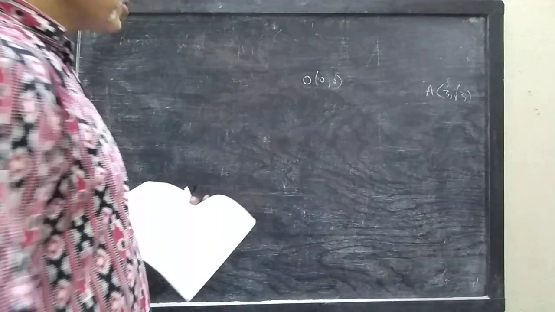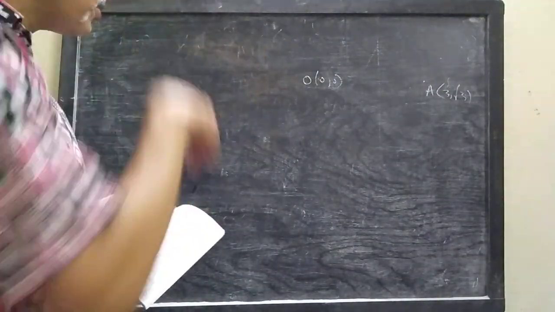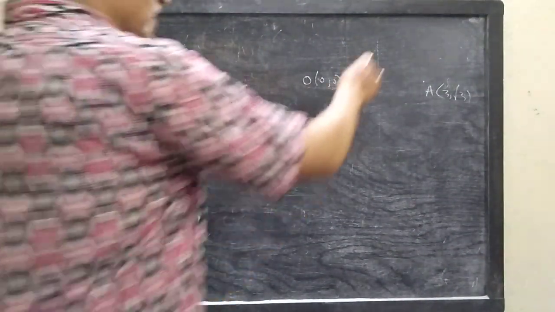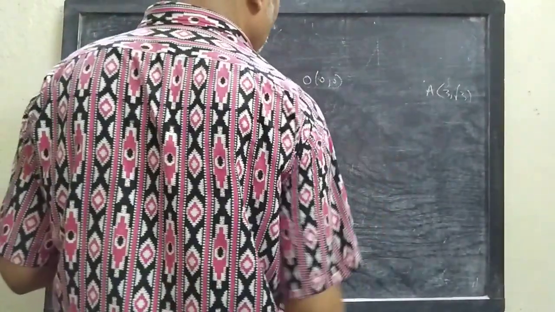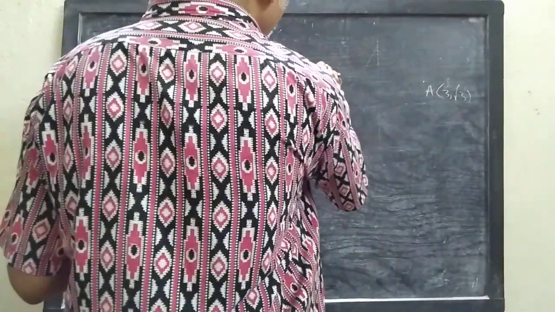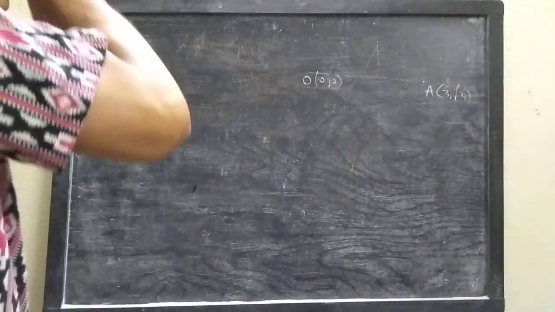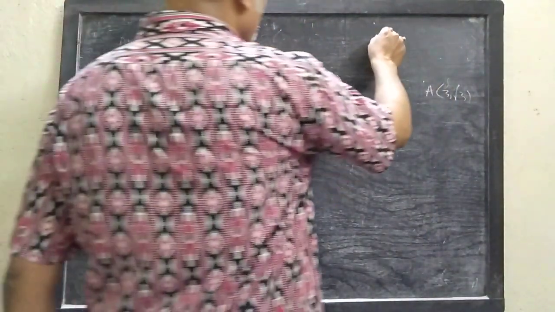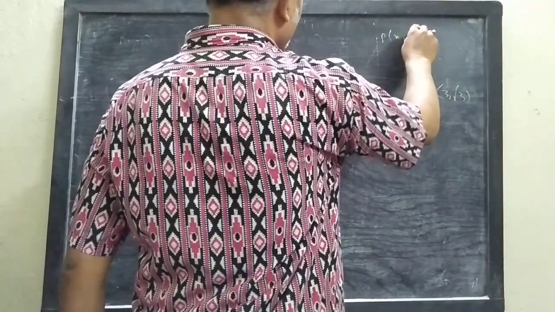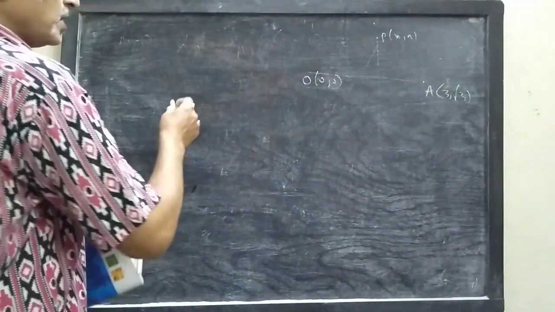Now you are asked to find the third vertex. Here also there will be two possible vertices. One is in this position, another is in this position. So first we have to find the perpendicular bisector of OA. How can we find this? Let any point on the perpendicular bisector be P(x, y). So OP equals AP.